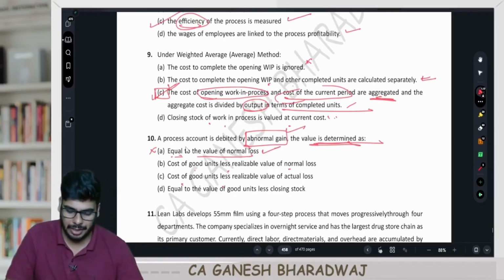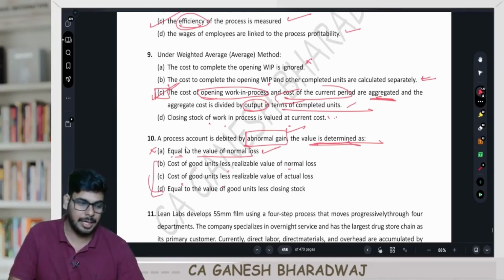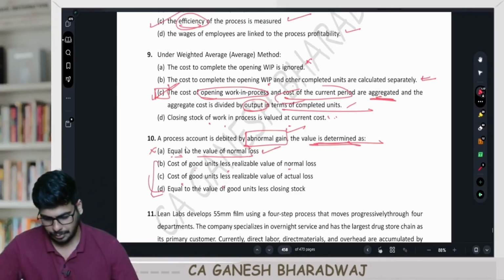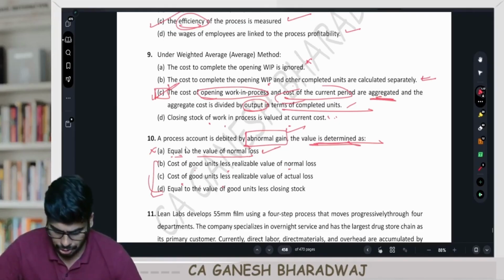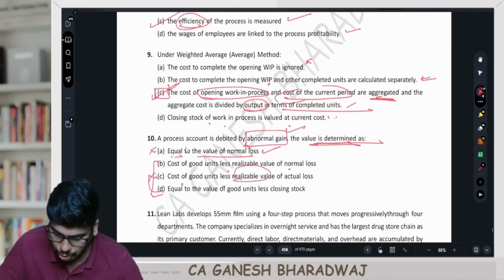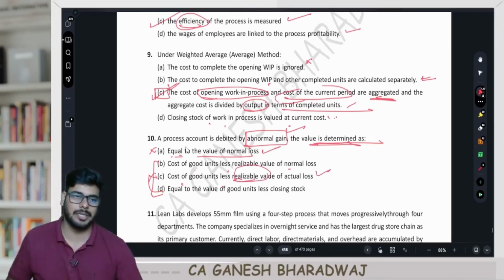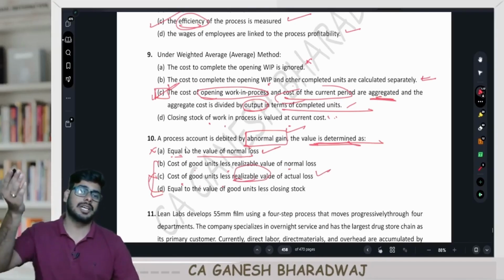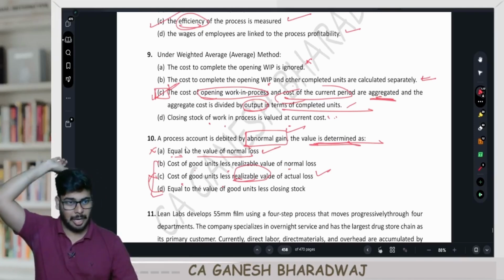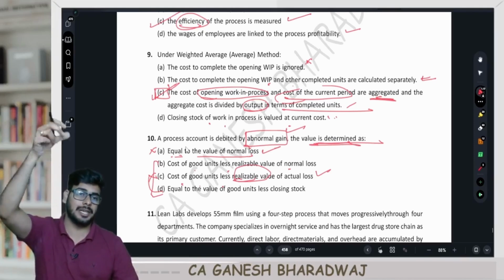Okay, A is definitely not the case. Among B, C, D, which one? C is also not. Why? We will not take the realizable value of actual loss anywhere in the process account. Because the realizable value of abnormal loss units will only hit your abnormal loss account, and in that account there is a gain net off only.